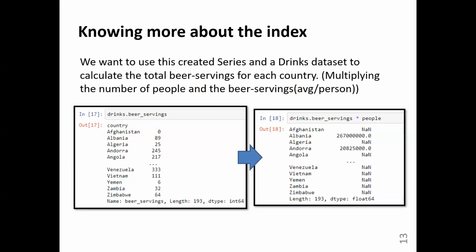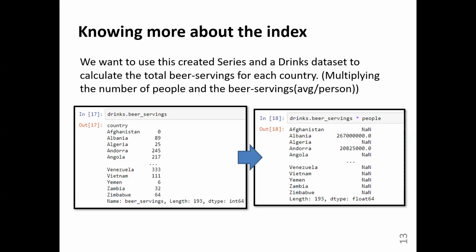Those numbers say, in Albania, on average, people drink 89 cans, I don't know, or glasses of beer, while in Andorra it is 245. Right? So this is for Andorra and this is for Albania.